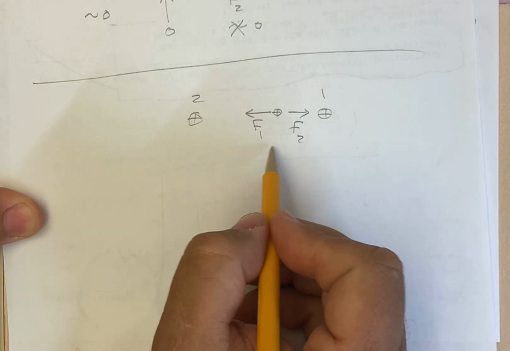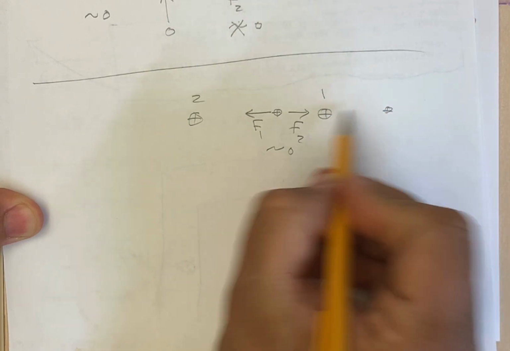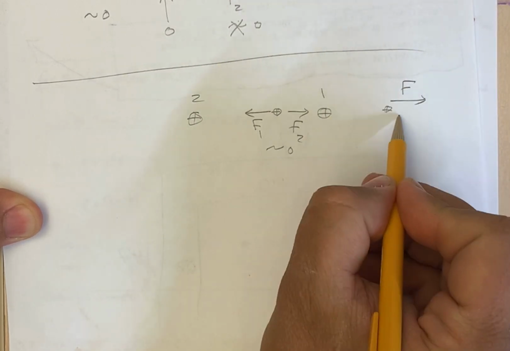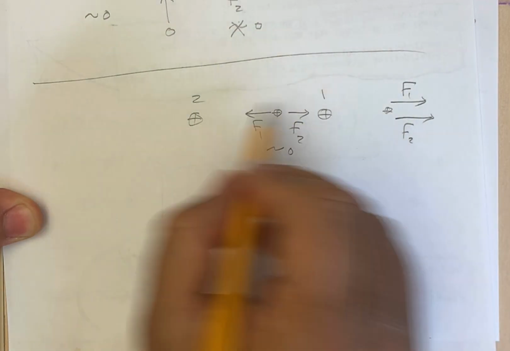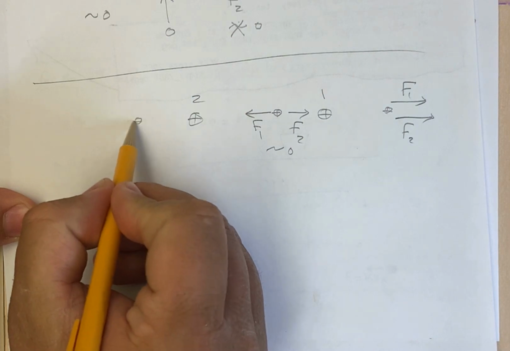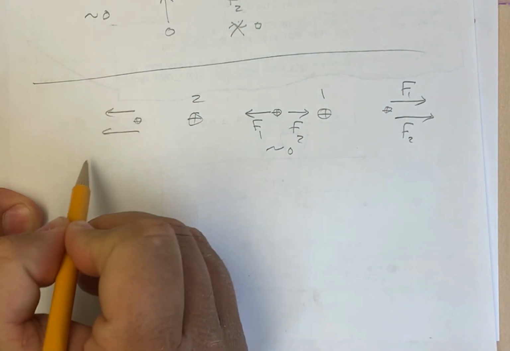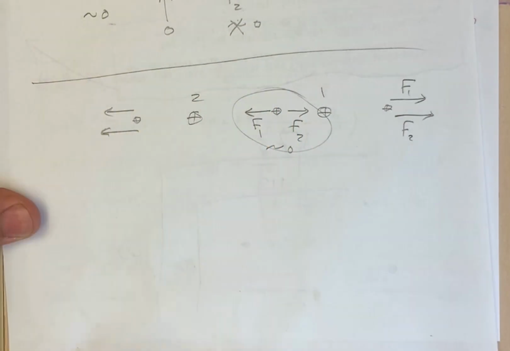In this case, we can find balance. But if we put it here, we have a repulsive force from the first one and a repulsive force from the second one, so we don't have any balance. Both of them will make it accelerate to the right. And the same if we put it on the left. So the best position is in between.